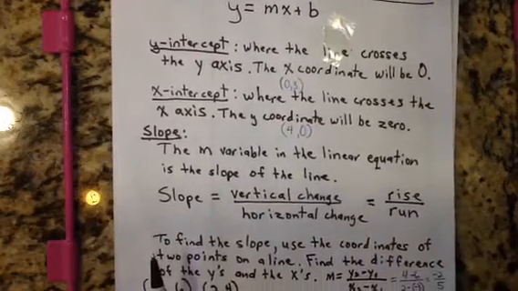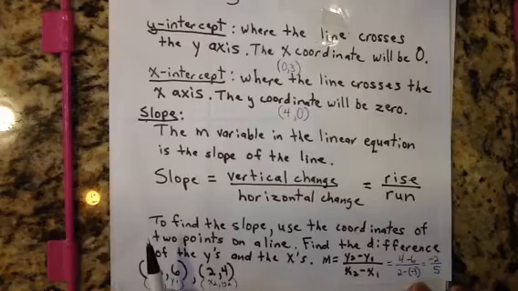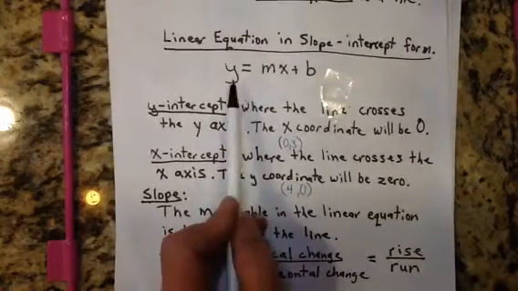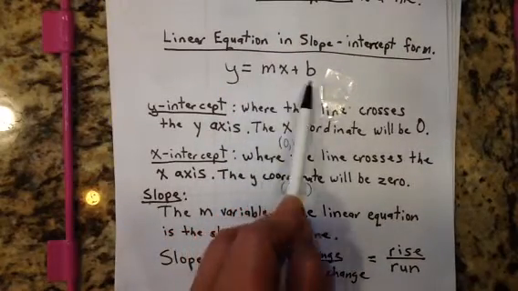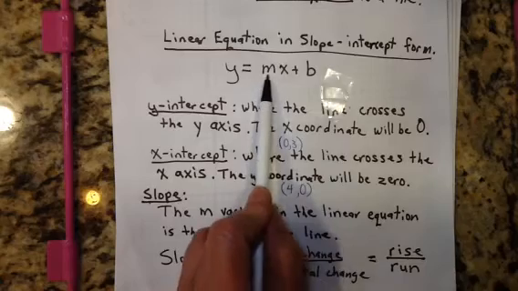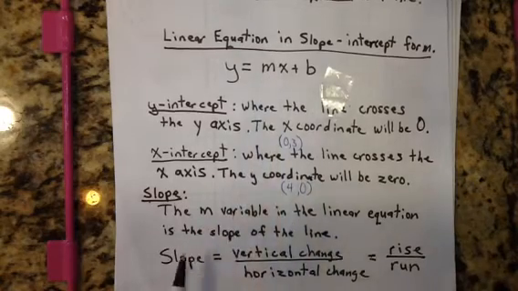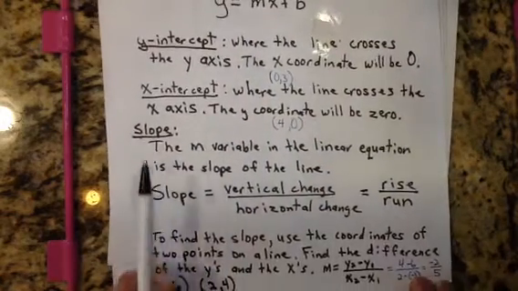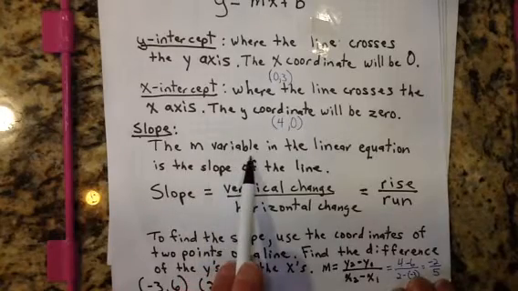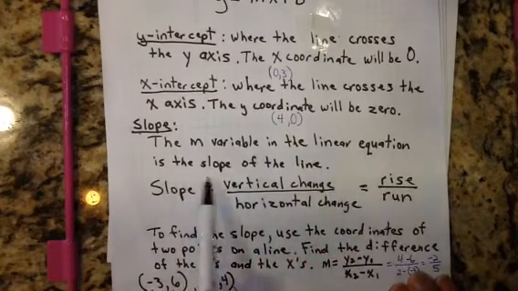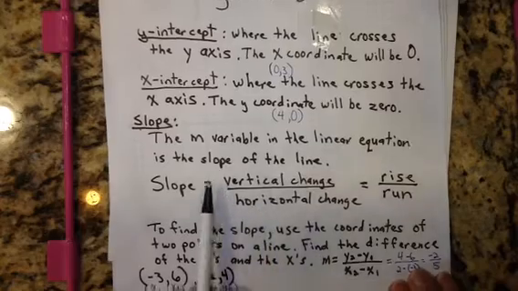Okay, so how do you find the slope? And what is the slope? So in this equation, y equals mx plus b, the m here in the equation is the slope. Okay, so the m variable in the linear equation is the slope of the line.